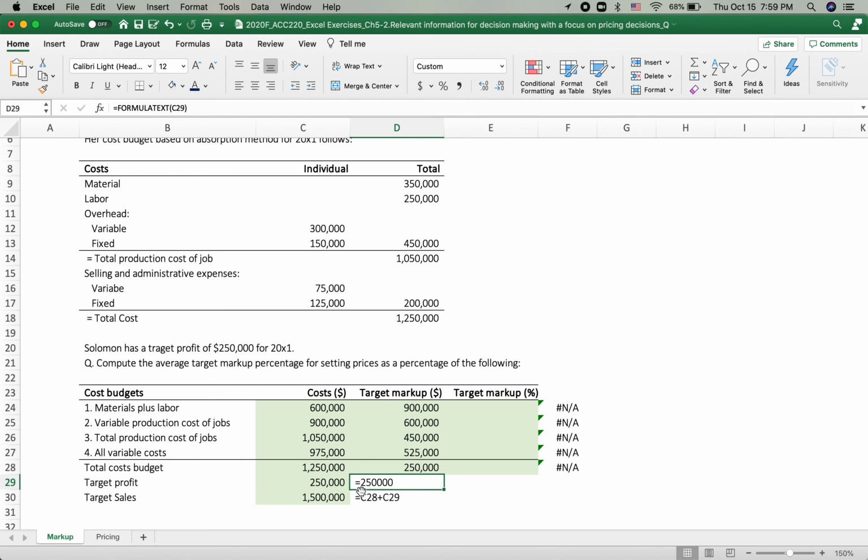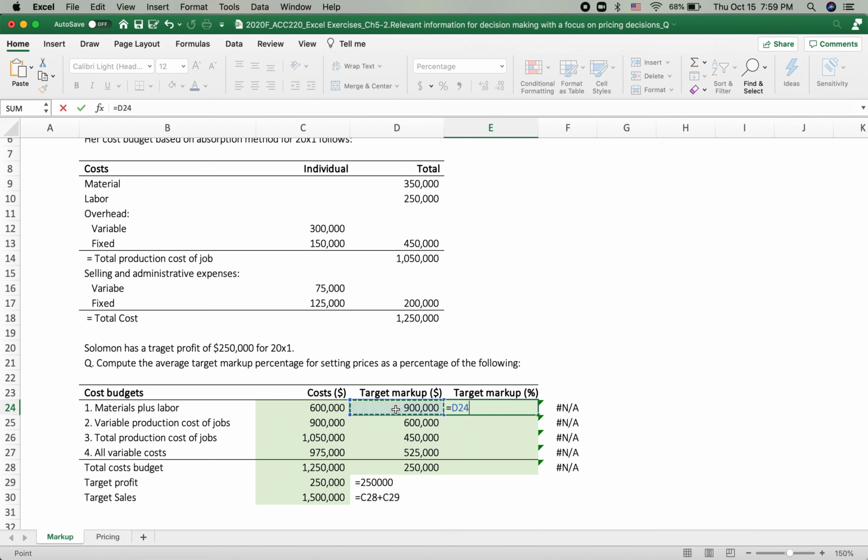Then let's calculate the target markup in percentage. You have to be careful when you calculate it. You should use the cost, not the sales. The base is the cost because we want to measure the markup starting from the cost.